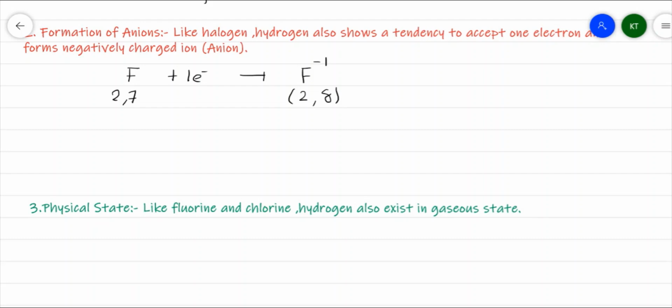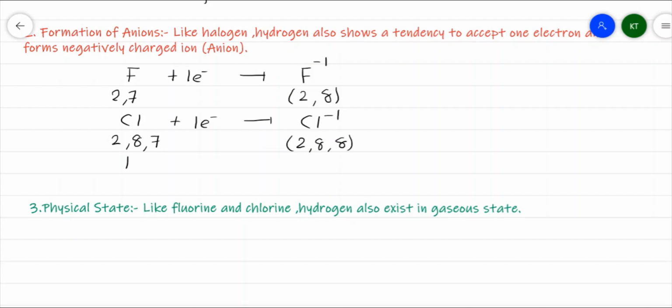Then I have chlorine, atomic number 17, electronic configuration 2,8,7, which will gain one electron and get converted into the chloride ion and attain the electronic configuration of the nearest noble gas, argon.